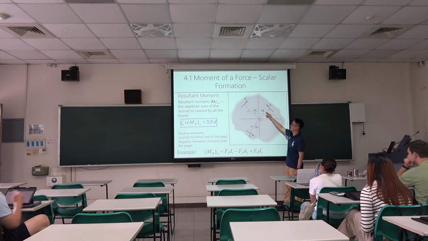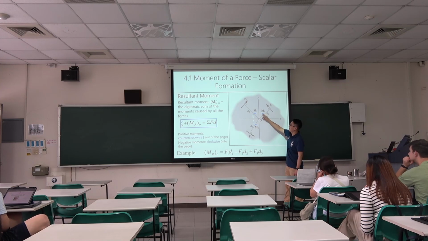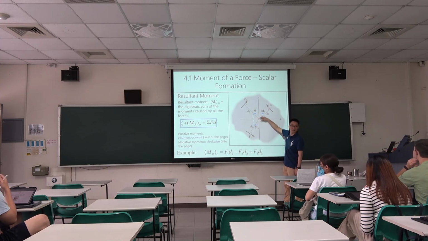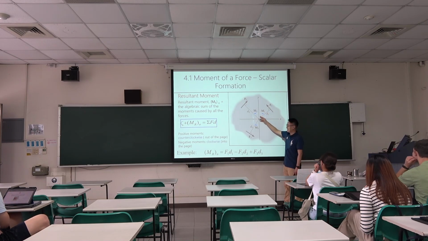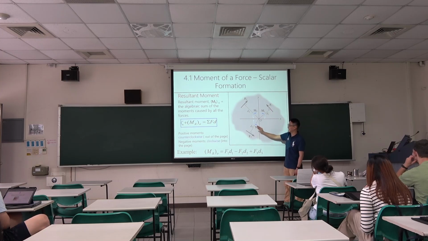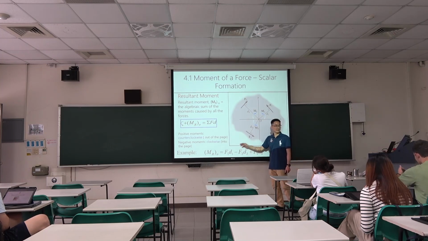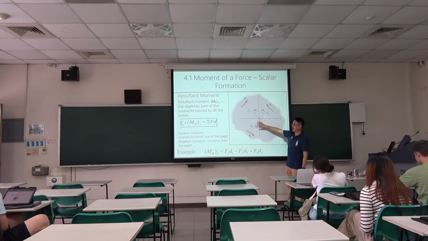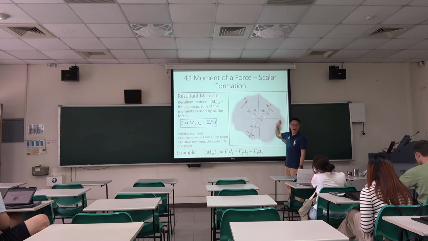Then F2 gives clockwise, so negative. And F3 also counterclockwise. So F1 and F3 give positive components, but F2 gives a negative component. Clear? And this kind of consideration highly relies on which point you are considering.